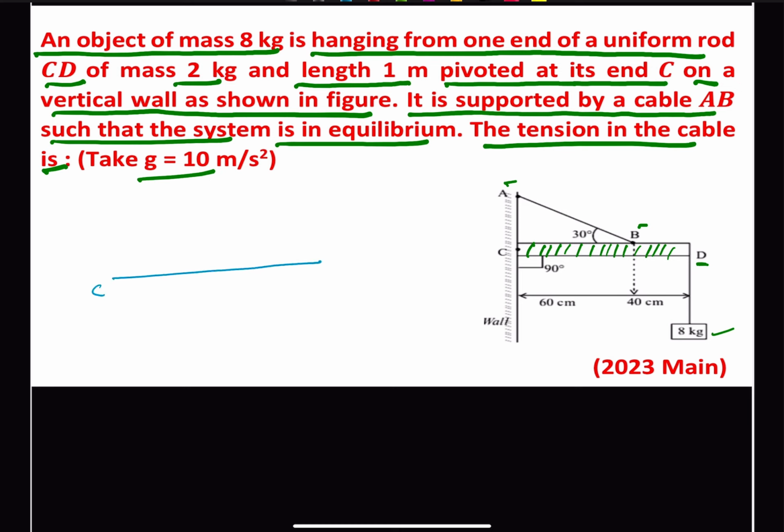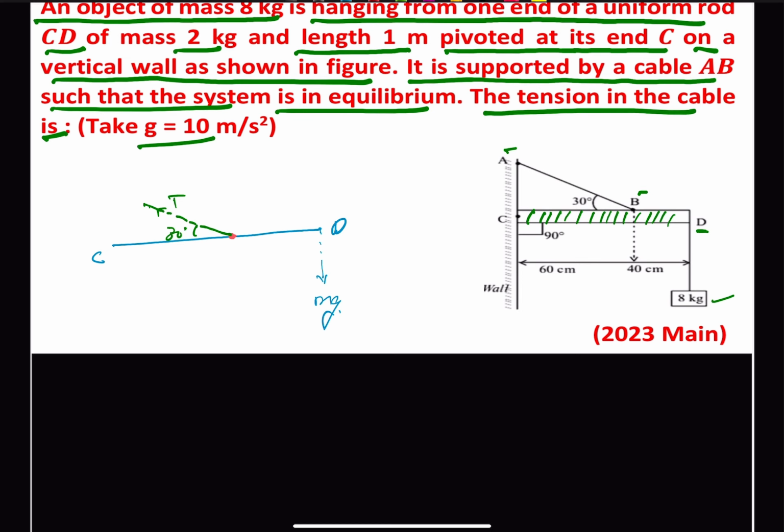So this point is C and this point is D, and in the downward direction here the force acting will be equal to mg, and point B, which is somewhere here, is connected to the string. Suppose the string is having a tension T and it is making an angle of 30. Now we can divide this tension into components.